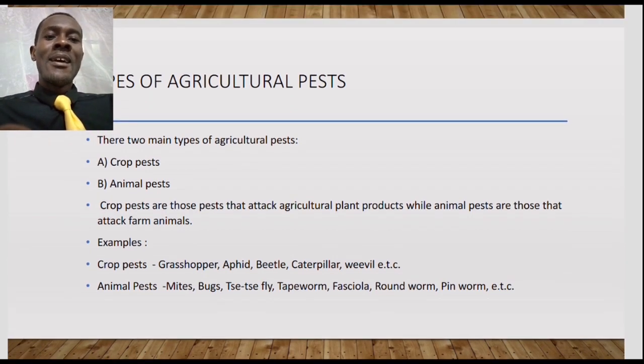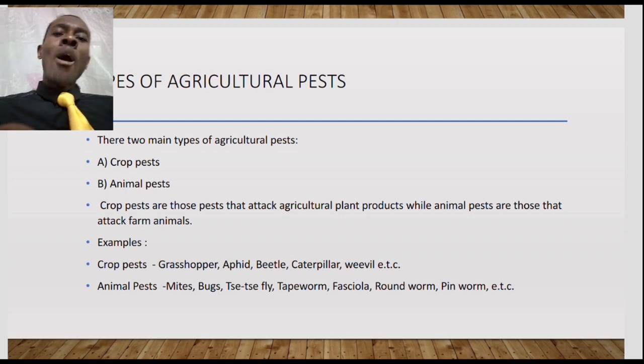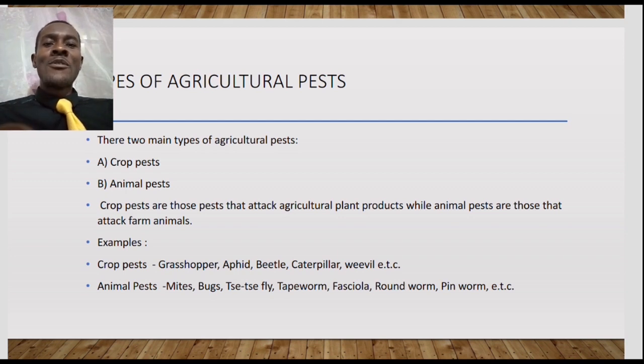And when it comes to agriculture, there are two dimensions of agriculture. You have the crop production part and you have the animal production. That is animal farming and crop farming. Now, there are two main types of agricultural pests. You have crop pests and then you have animal pests.